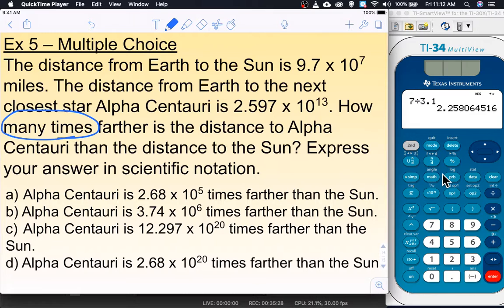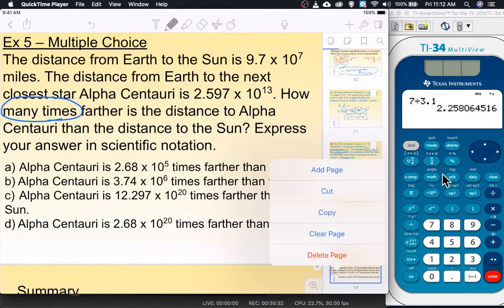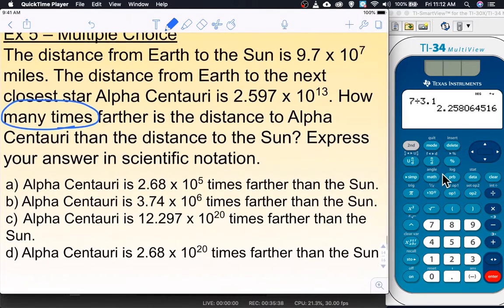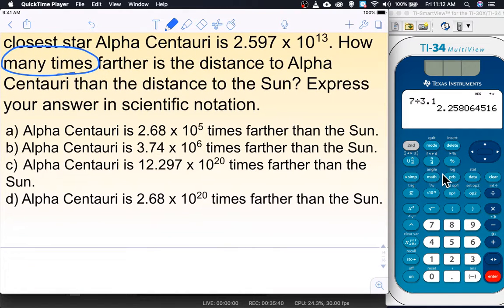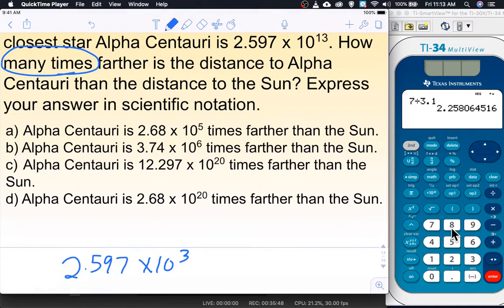Okay, how many times farther is a division. I think I need another piece of paper because I'm out of space. This question takes up all the paper. So I'm going to divide 2.597 times by 10 to the 13th. I'm just kind of copying the number from here down below.